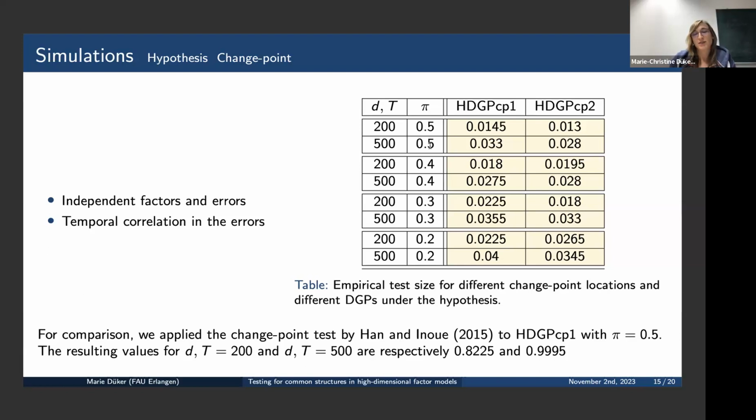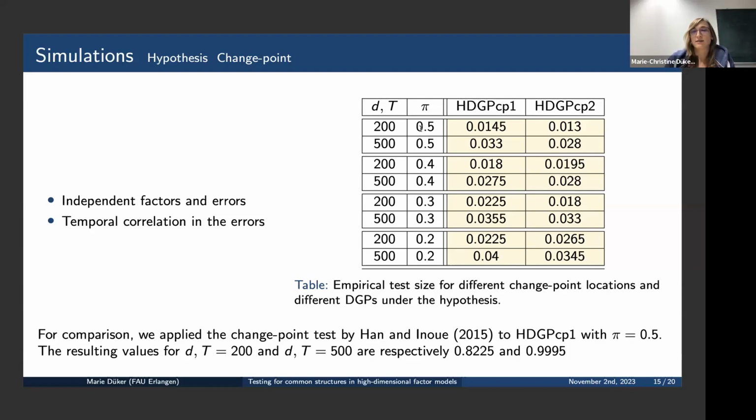And when this regular change point test rejects the hypothesis, we move on to applying our test, right? So the regular test tells us there is a change point at some point, and the loadings undergo some kind of change. And then we want to basically specify what kind of change that is. Can we see whether it's like a rotational change?